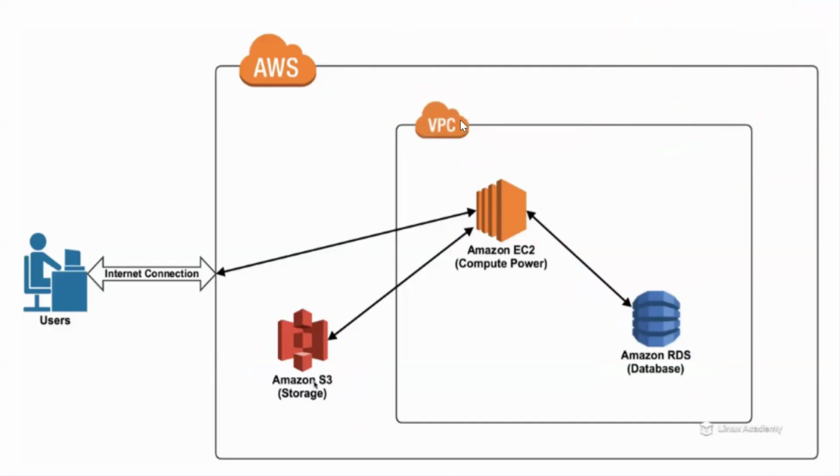So VPC is nothing but a network. EC2 is nothing but a server. RDS is nothing but a database. S3 is nothing but storage. So let me repeat again.